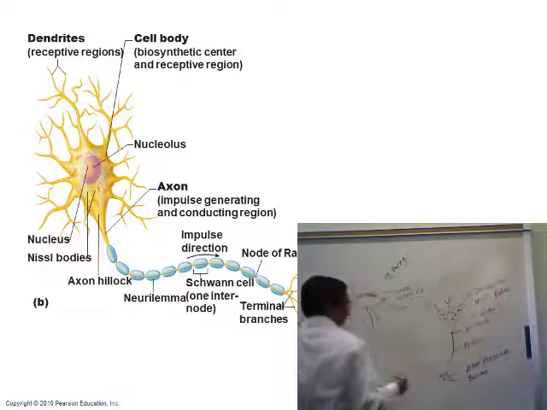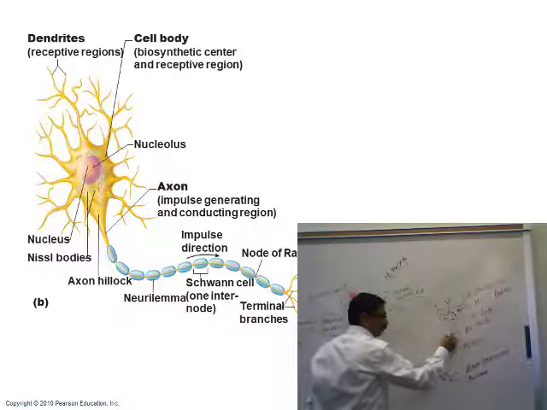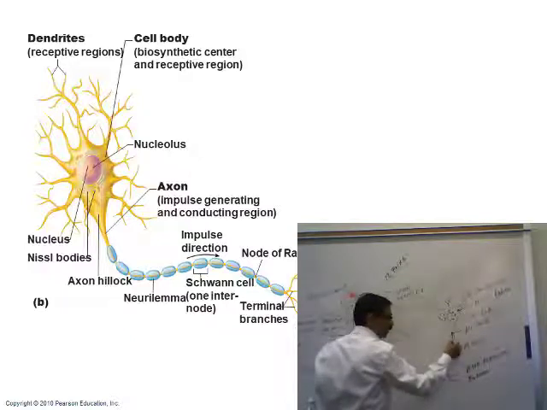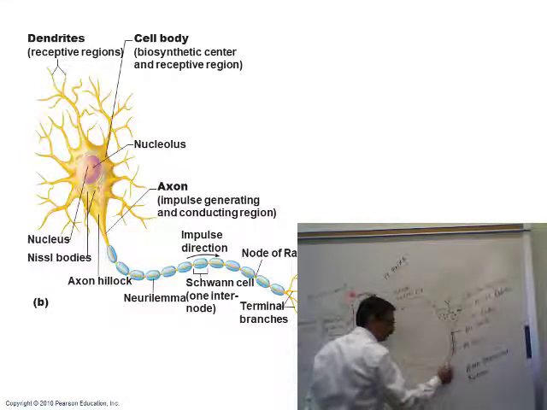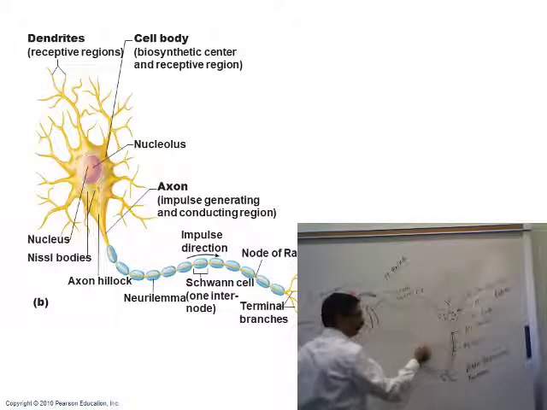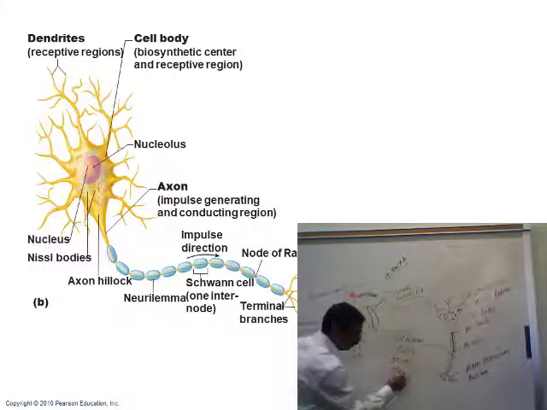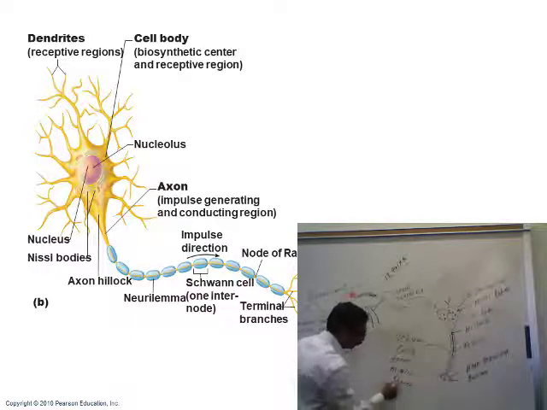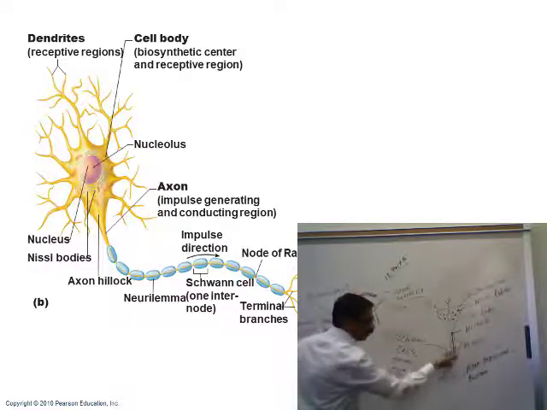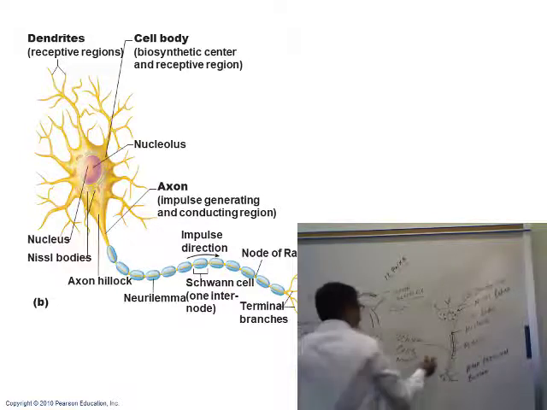Now, around the axon, you have the Schwann cells. They form insulation. You must remember, a few minutes ago I mentioned, around the axon of peripheral neurons, you have Schwann cells. Is that right? Okay, myelin sheath. So Schwann cells form the myelin sheath around the axon.